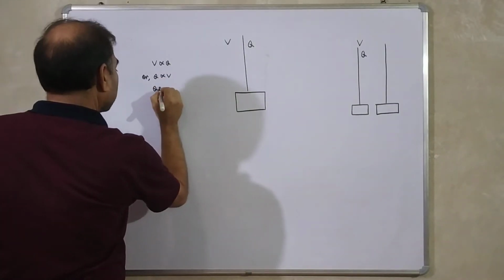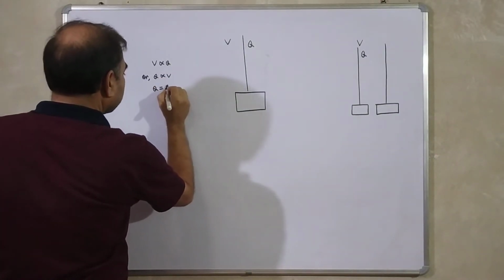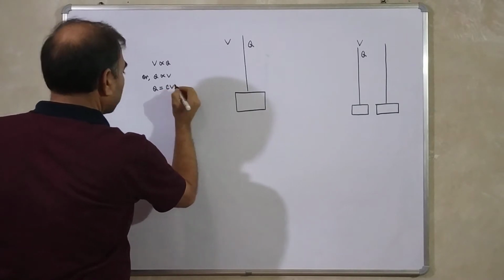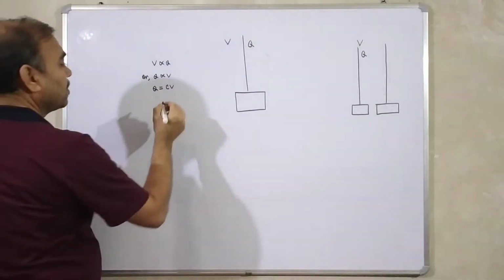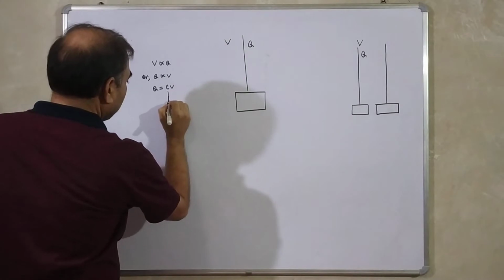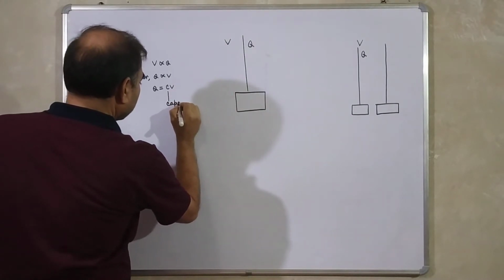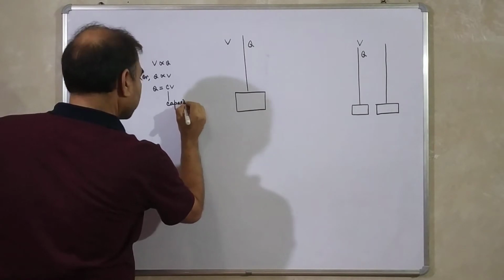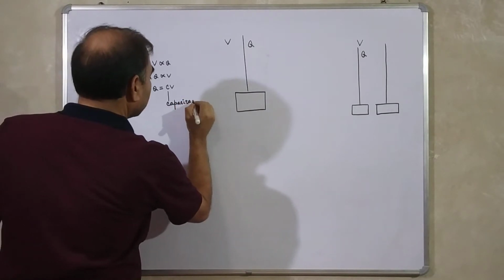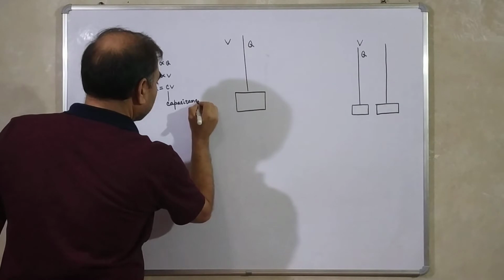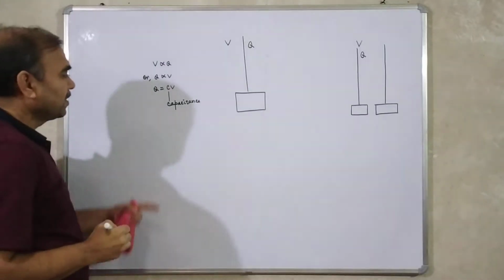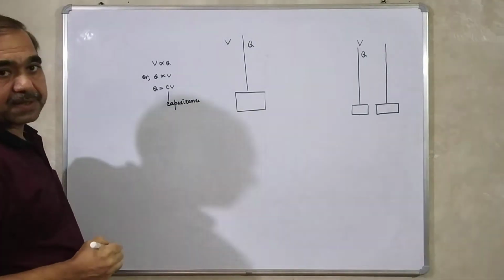Q is equal to CV. C is the proportionality constant called capacitance. This is called capacitance of the conductor here. We have taken only a conductor, the capacitance of the conductor.